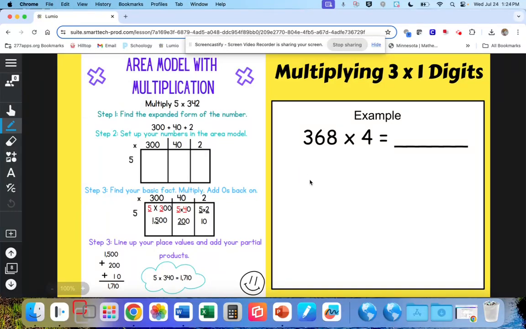So we have, in our example here, 300 plus 60 plus 8. And I'm going to make a box under that number.